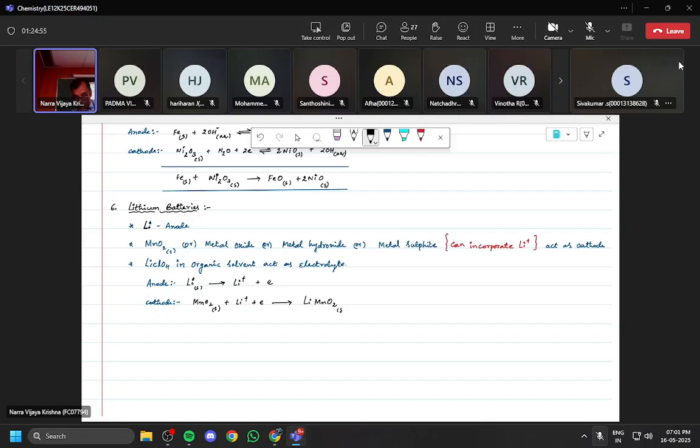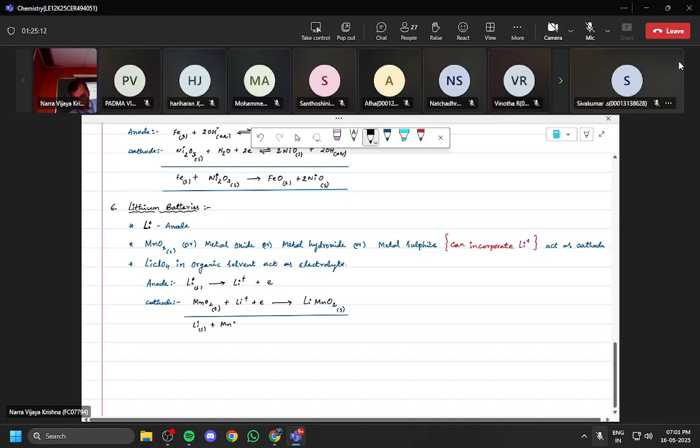Right? Now is this metal oxide incorporating lithium or not? It is accommodating lithium or not? Now what is the overall reaction? Lithium with MnO2 gives rise to LiMnO2, Li plus gone, electron gone. And what is the output voltage? Approximately 3 volts.